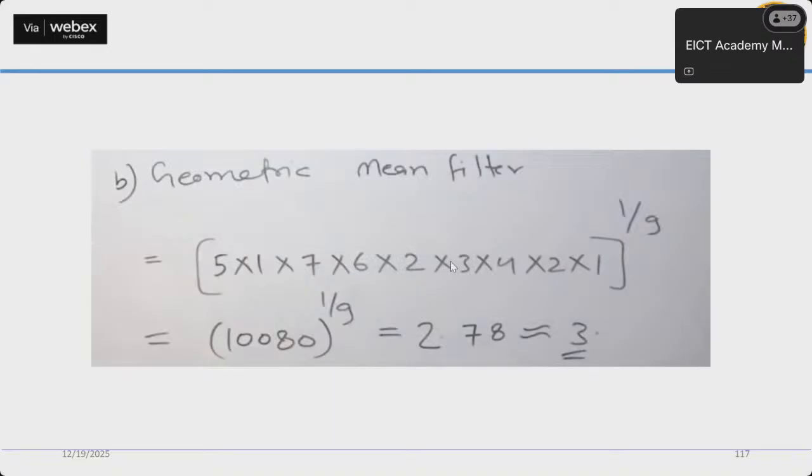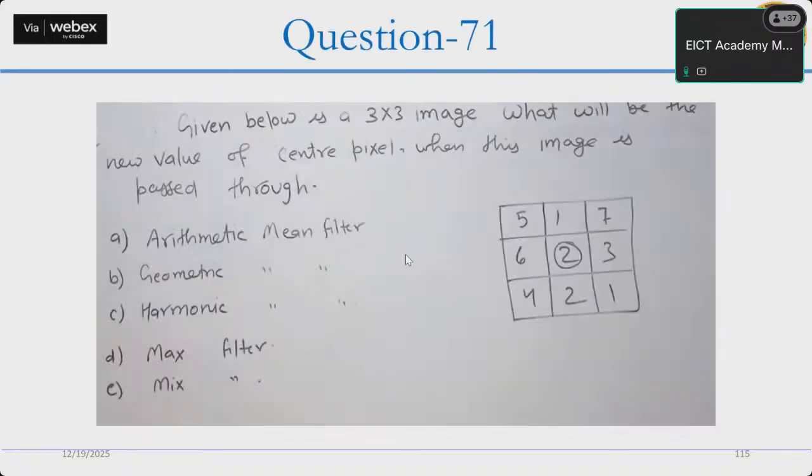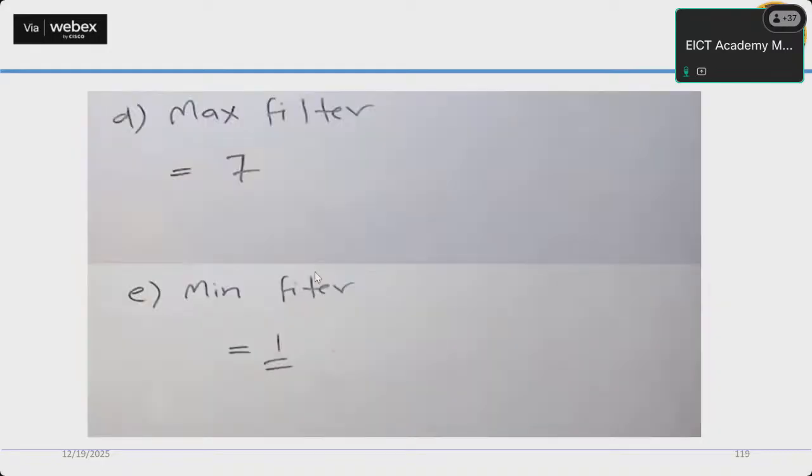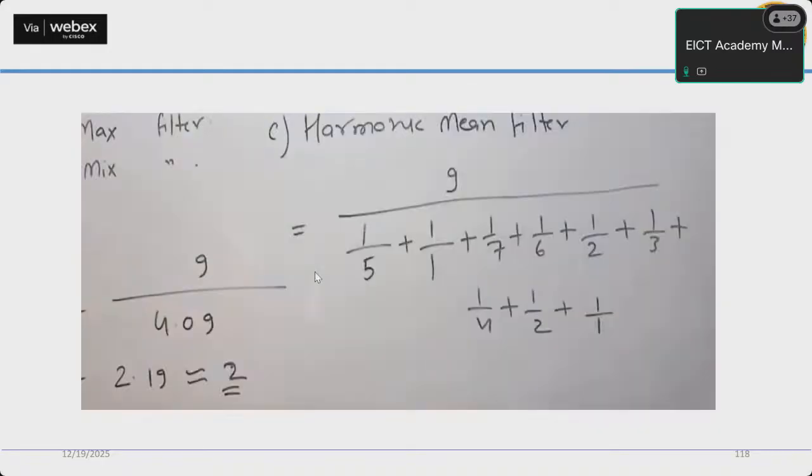Are you able to see? These are all the 9 values: 5, 1, 7, 6, 2, 3, 4, 2, 1. What about the harmonic mean filter? The harmonic mean filter is 9 divided by the sum of the reciprocals of these values, and so you will be able to get this value. Then the maximum filter value and minimum filter value.